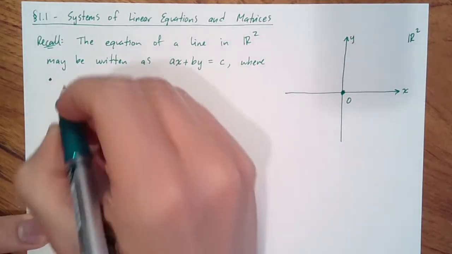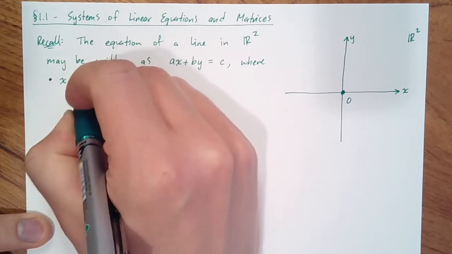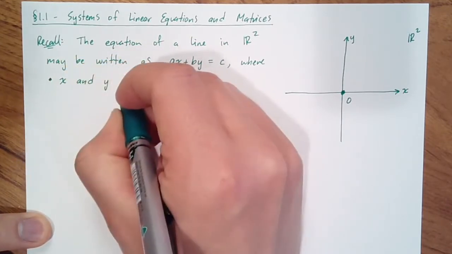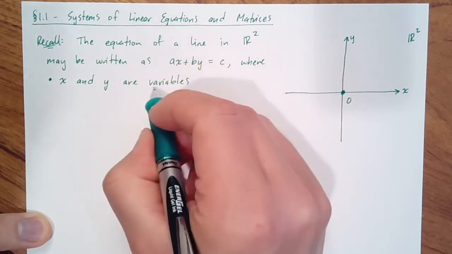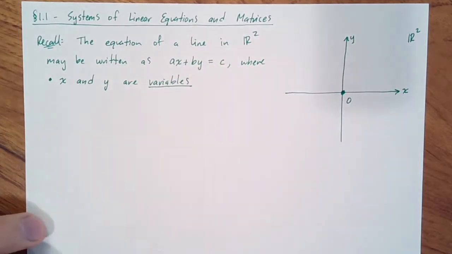So X and Y are the variables. So they're unknown quantities which can change. It could be many different values. It could be one value and then there could be a different value.